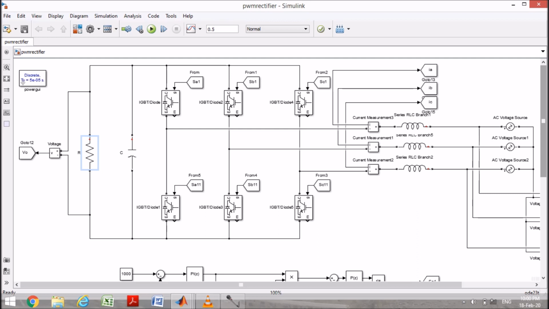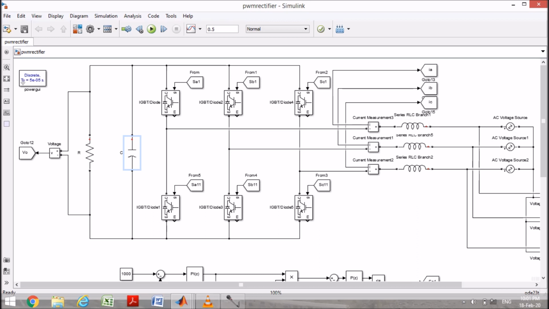Now what is the objective of this high power factor converter? There are two things. The first is to maintain the voltage across this capacitor constant. The second is to get unity power factor between voltage and current on the right hand side.